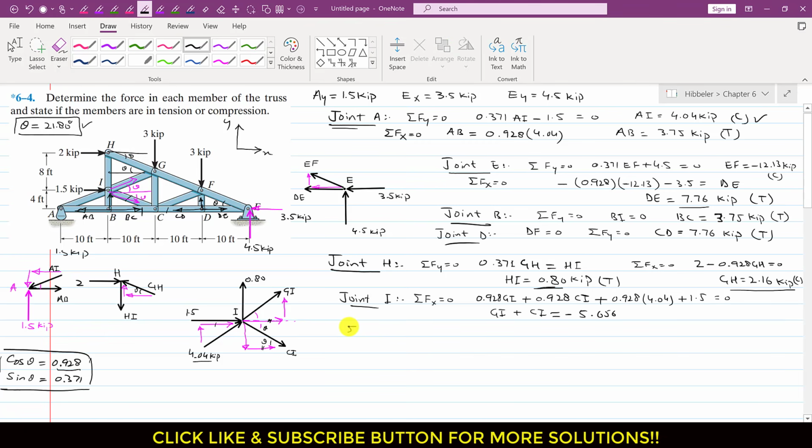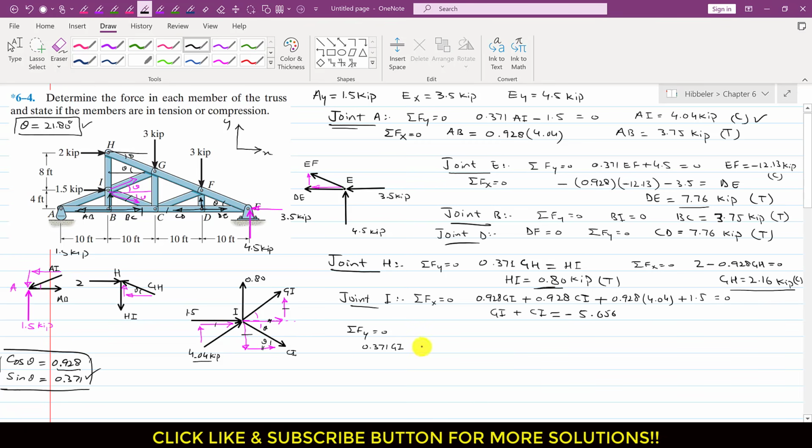Similarly, if we apply the summation of forces along y equals 0, again we have this component. This is acting in the positive y direction, and it is the sine component, and sine of theta is 0.371, so we will write that this is 0.371 GI. Similarly this component is also acting in the y direction.